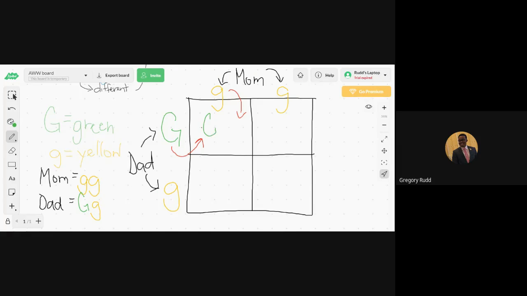So I end up with G, G in this box. And then again, I'm going to take this G and put it over here, and take this G and put it right here. So I end up again with G, G.